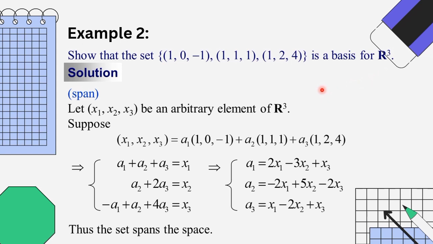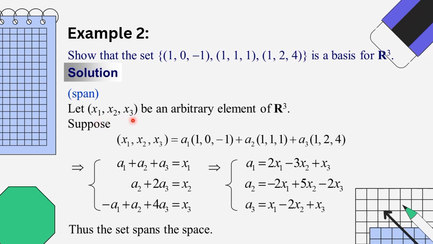So first, we show that our set spans. We consider particular elements of our R3, where if we substitute any value, we could still generate an answer. We represent x sub 1, x sub 2, and x sub 3 as any elements of our R3.